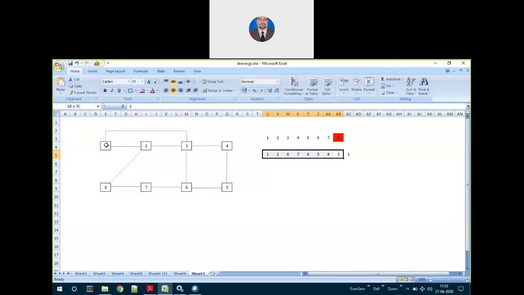See, all these I have visited exactly once and I have covered all the vertices. And from 3, I can go back to the starting vertex 1. So this will give me one of the solutions. This is one of the Hamiltonian cycles.